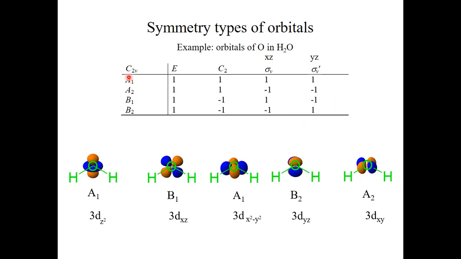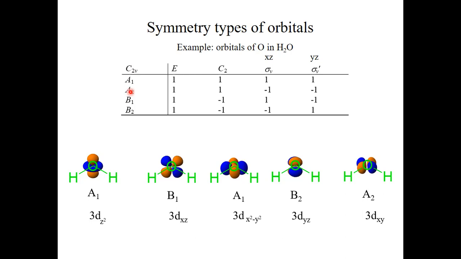So now, how many symmetry types can there be for a particular point group? There can only be a finite number of symmetry types. In the point group C2v, it's actually these four, okay? So any mathematical function must belong to one of these four symmetry types, these four irreducible representations within that point group.